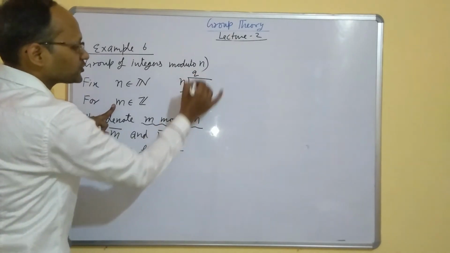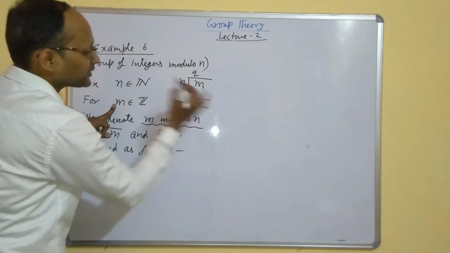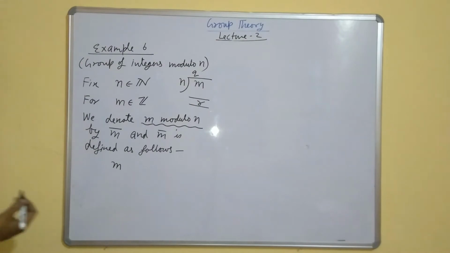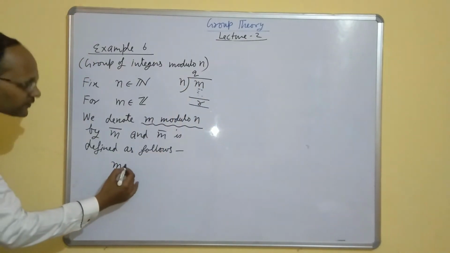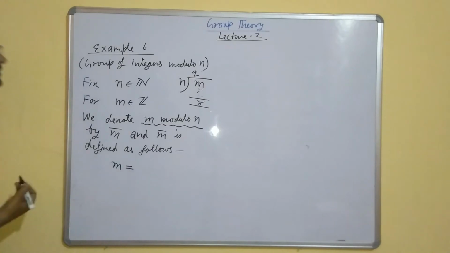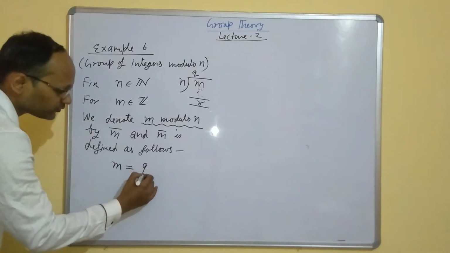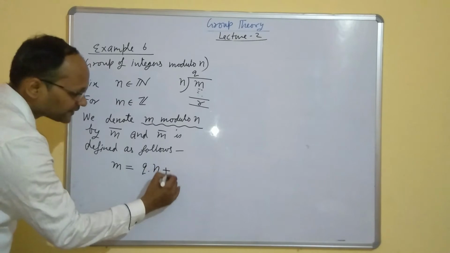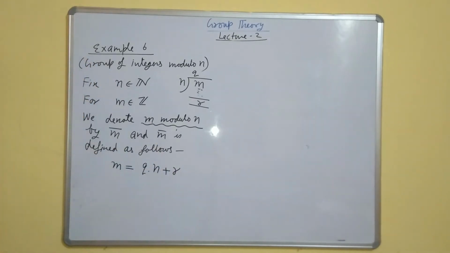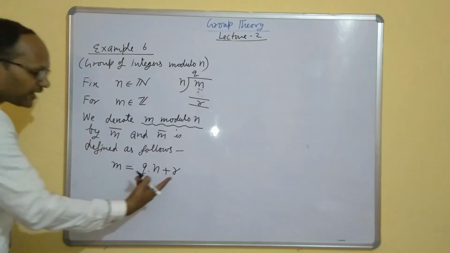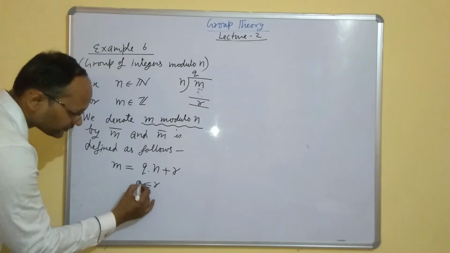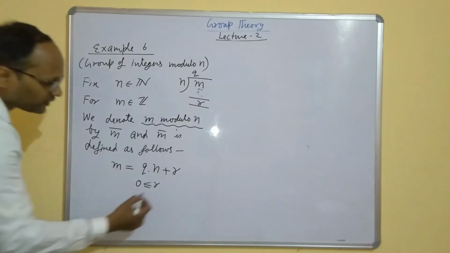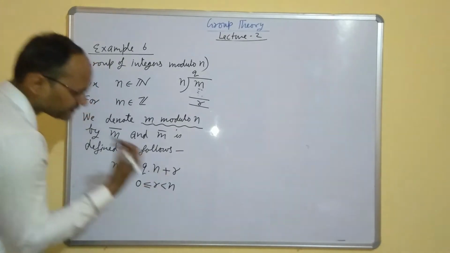We will get some quotient, and at last we will get some remainder. So m can always be written as q times n plus r. This r is a remainder, and you know the remainder is always positive or maybe 0, and is always less than n.